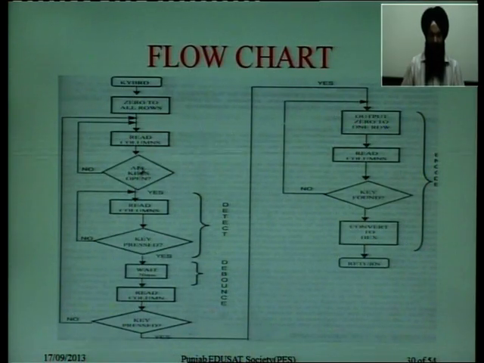If no, then again read column. This process continues till any key is closed. If all keys are open, then read column. After reading the column, there is a question: is key pressed? If no, then again read column.